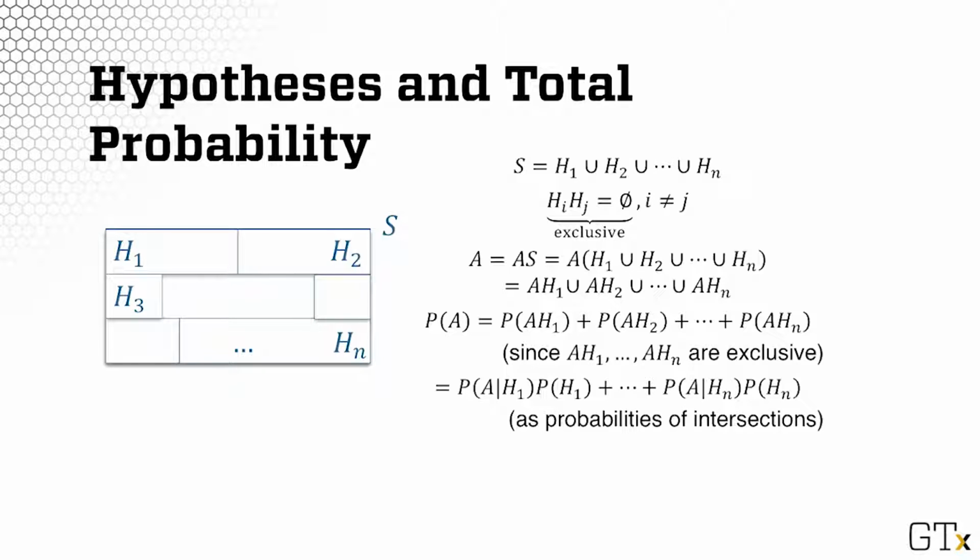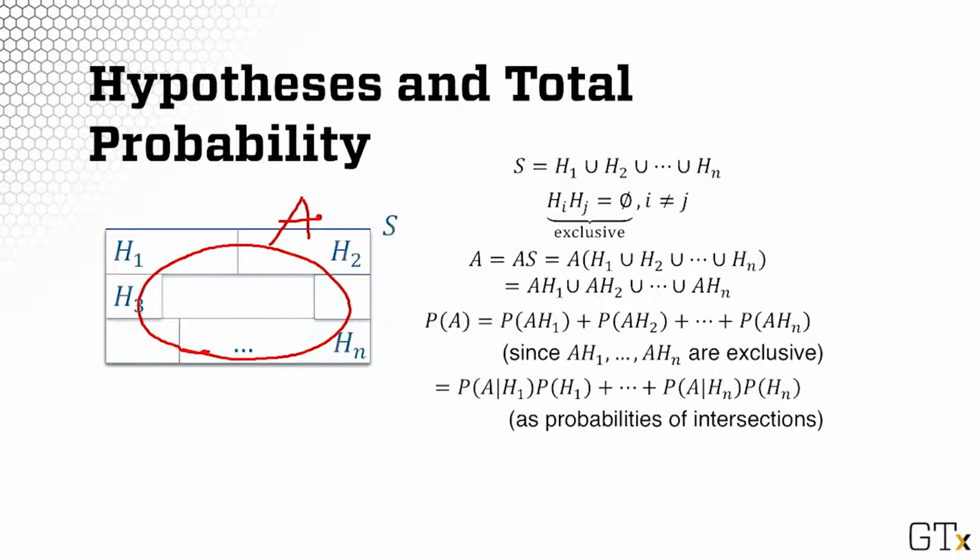And think about now having an event A, and that event A intersects with these hypotheses. So event A could be represented as A intersection S. Well, S is the superset, so A intersected with something which is bigger than A remains A. But this superset S can be represented as the union of hypotheses.